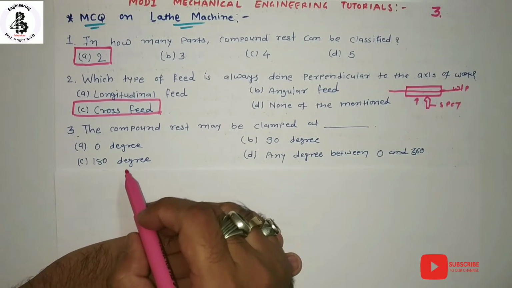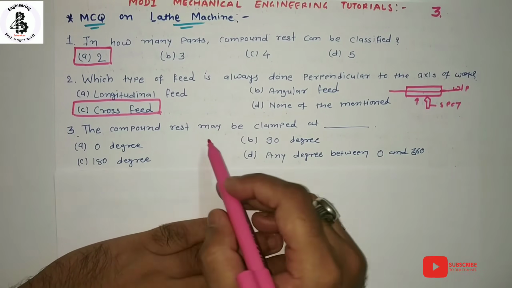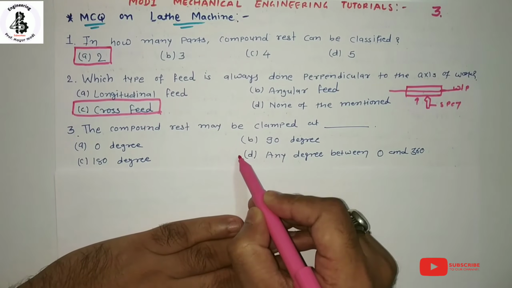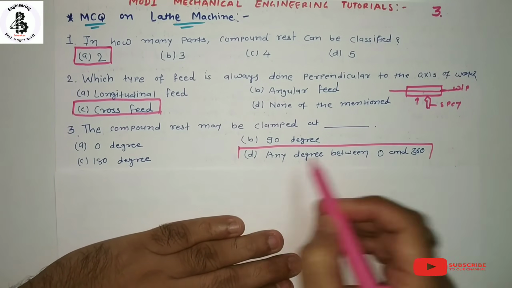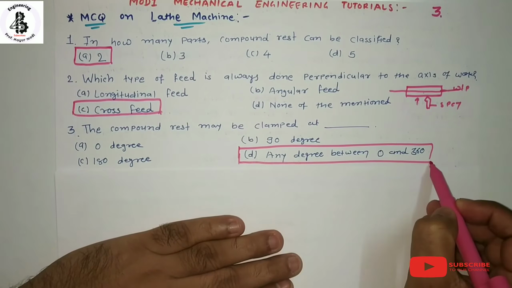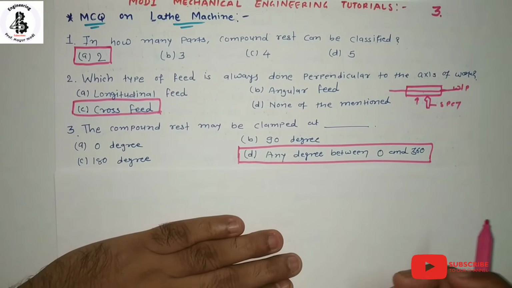So for this question the compound rest may be clamped at any degree between 0 and 360. So all the possibilities are there. Then next question.